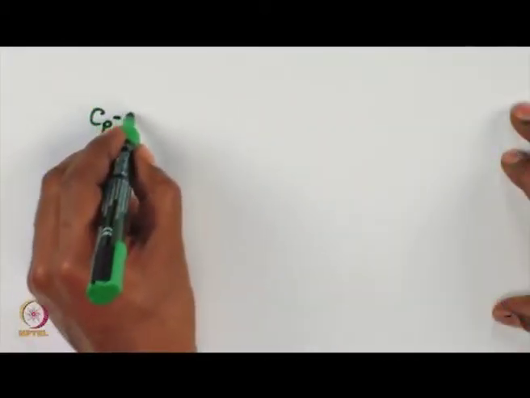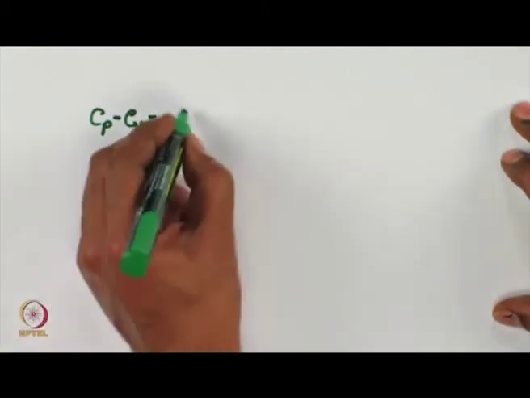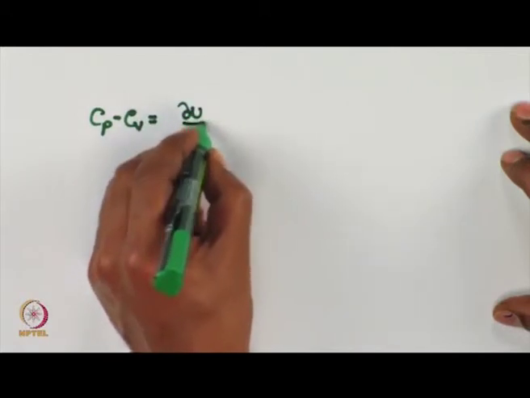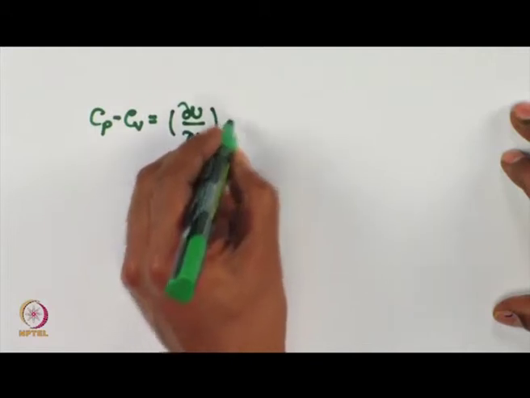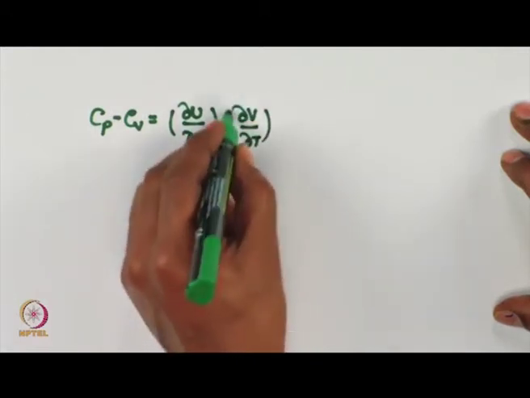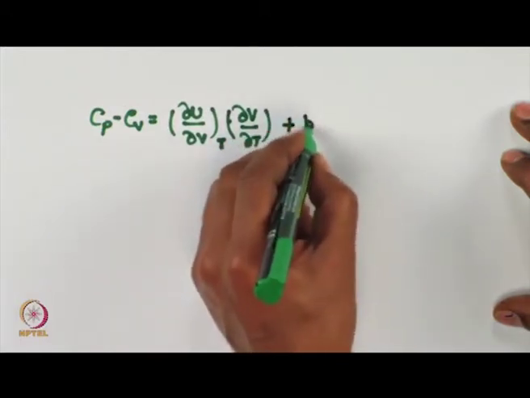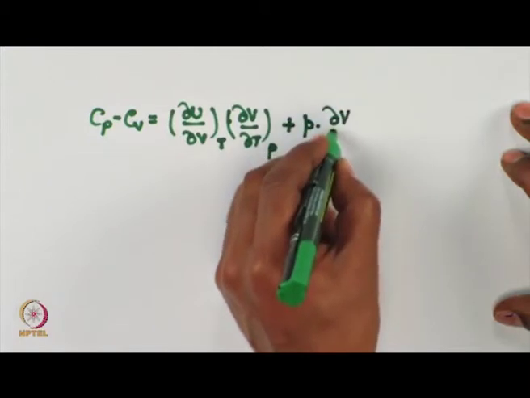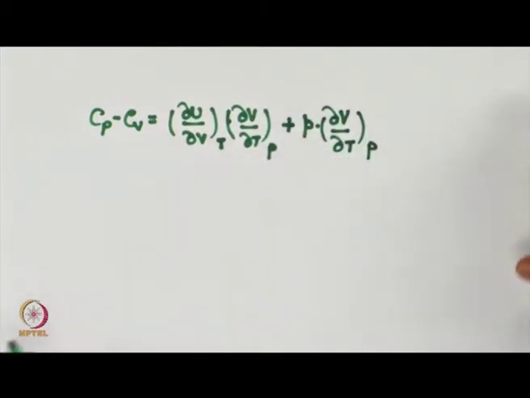What I will get is Cp minus Cv, and for that difference it will be dou U dou V at constant temperature into dou V by dou T at constant pressure plus P into the variation of volume with temperature at constant pressure.